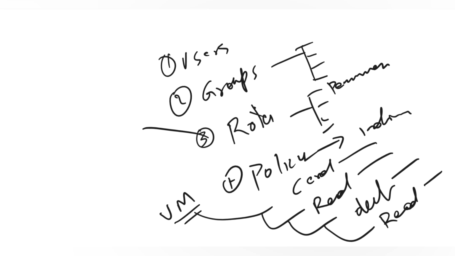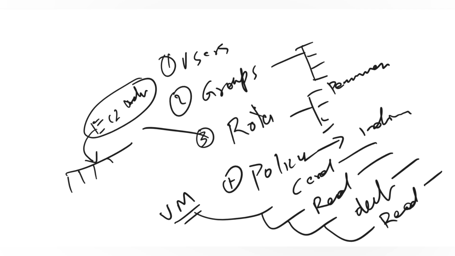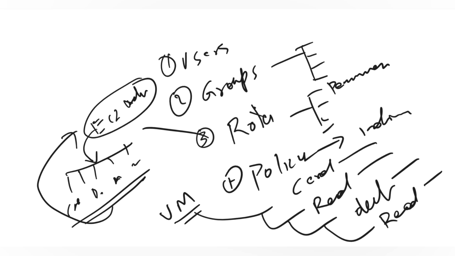For example, EC2 administrator. If you look at this role, multiple permissions come within it, for example create, delete, read only, etc. Everything is combined and comes under this particular role. So this is the main difference between policies and roles.